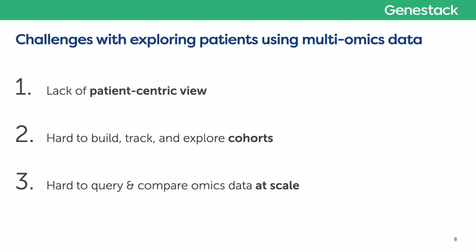And because of the lack of patient-centric data model, it's also hard to build, track, and explore cohorts from multiple studies. And lastly, with the growing volume and diversity of omics data, we start running into scalability issues when doing interactive data exploration.